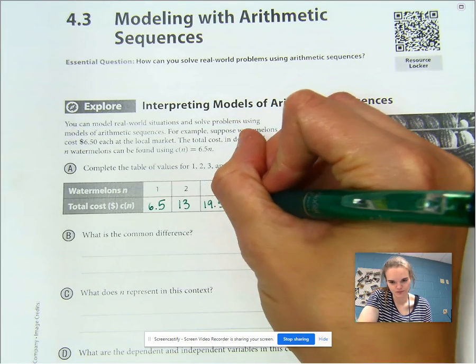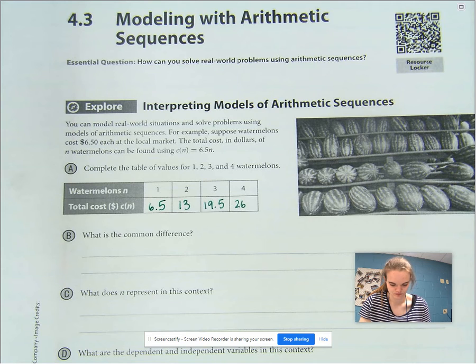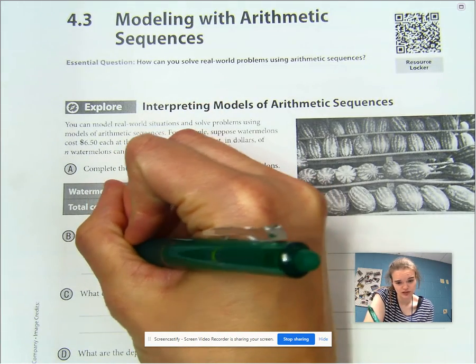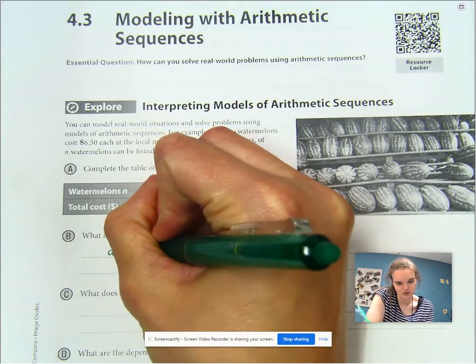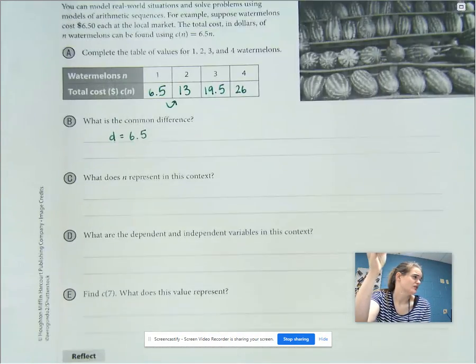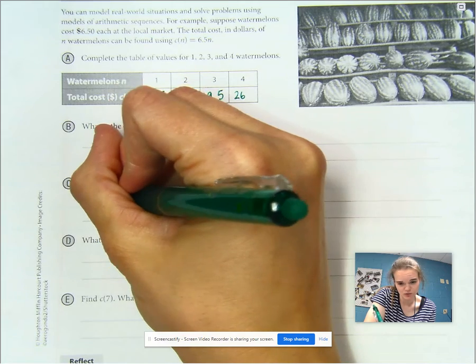And then 26. Okay. So it says, what is the common difference? What's going on between these? The common difference, D, is 6.5 because it's adding 6.5 every time. What does N represent in the context of this problem? N is the number of watermelons.